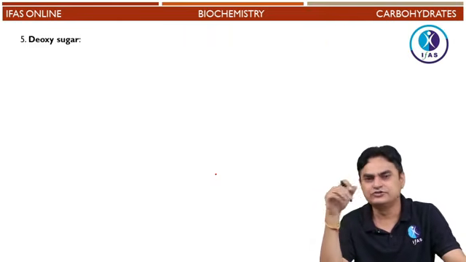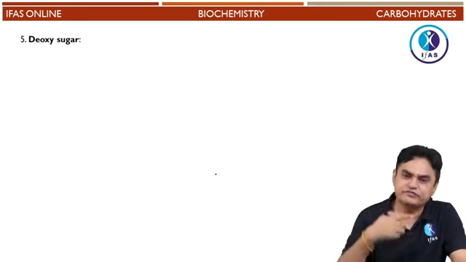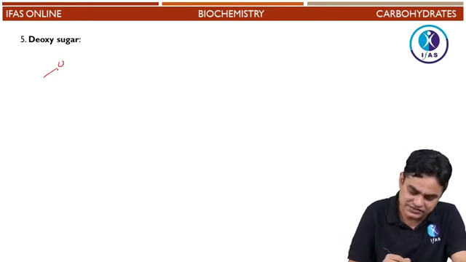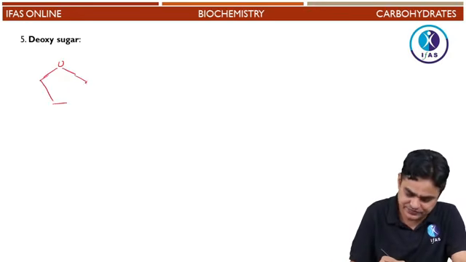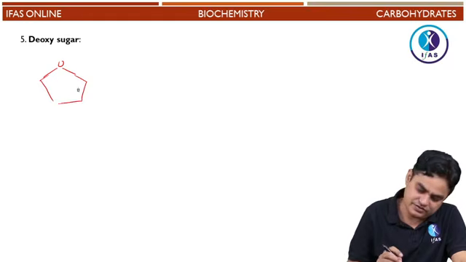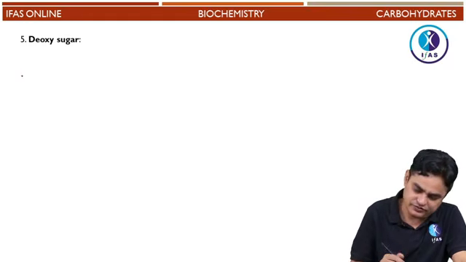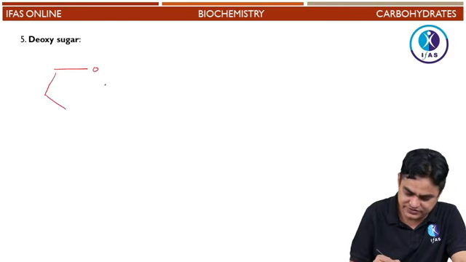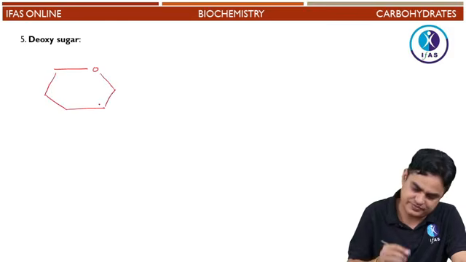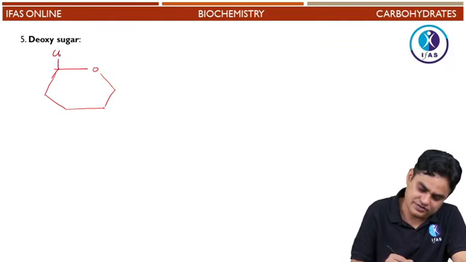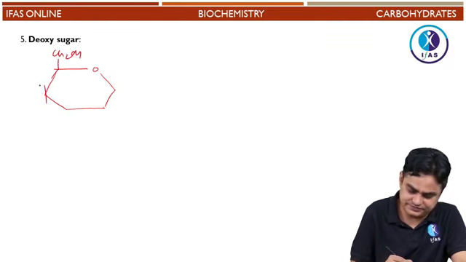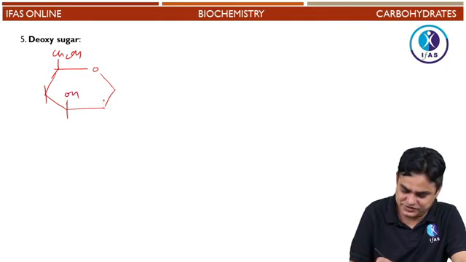Then sugars could be deoxy, which have one less oxygen. You can easily identify the sugar, I think. You must be able to recognize at least this sugar.